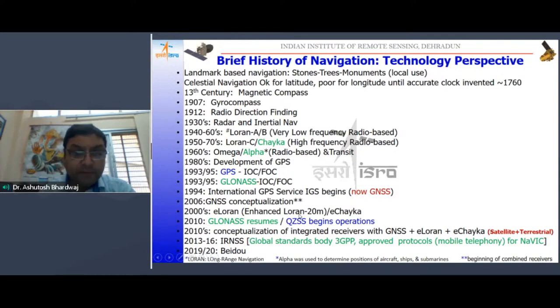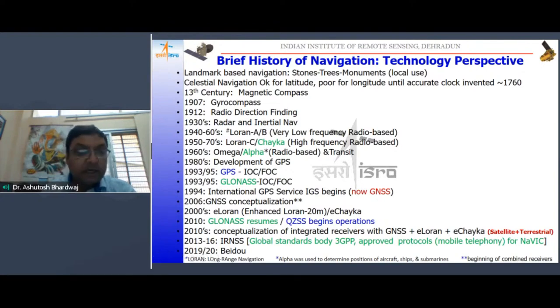At the same time, the development of the Quasi-Zenith Satellite System, which is a regional satellite-based navigation system, was started by the Japanese. Then in 2010, a major development happened, and is happening actually: a new concept has come where we can have receivers which have a satellite-based navigation system as well as E-Loran, a terrestrial-based navigation system, and E-Chayka, which is also a terrestrial-based navigation system. Such systems have also been developed.